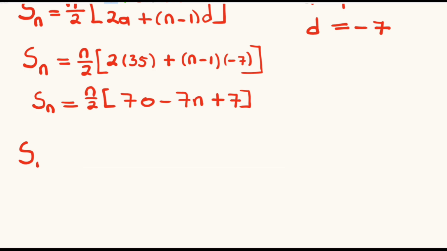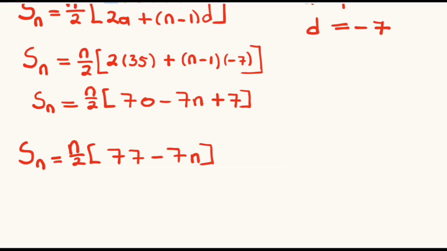Our Sn will be equal to n divided by 2 into the 70 plus 7, which is equal to 77 minus 7 multiplied by n.